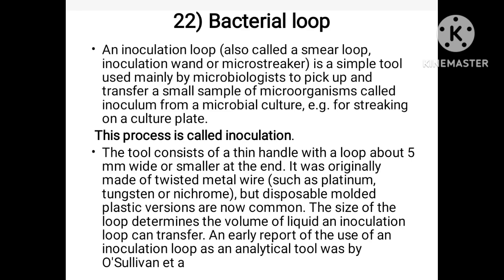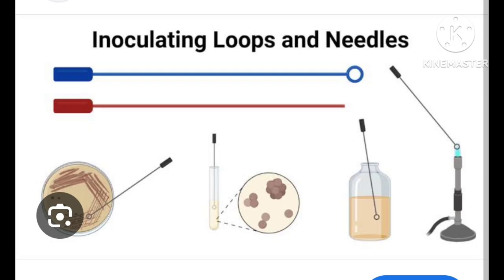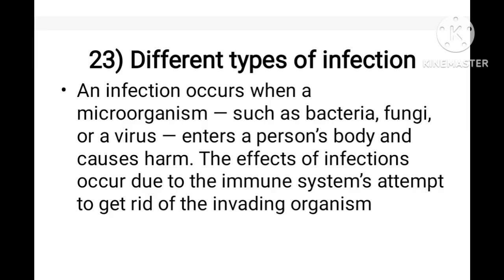The size of the loop determines the volume of liquid an inoculation loop can transfer. An early report of the use of an inoculation loop as an analytical tool was by O'Sullivan.